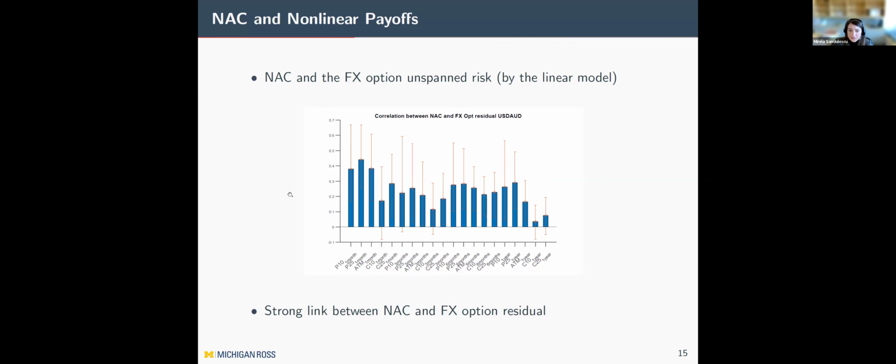And you can see that these correlations are in general positive, and especially for short-term maturity options, they are going to be higher, right? So overall, it appears to be a strong link between the nonlinear arbitrage correction and the FX option residual. And in particular, we find that this strong relation is going to be there, especially for commodity currencies.